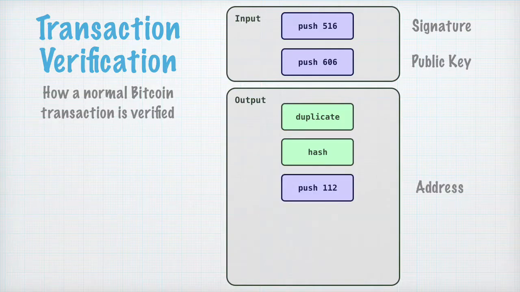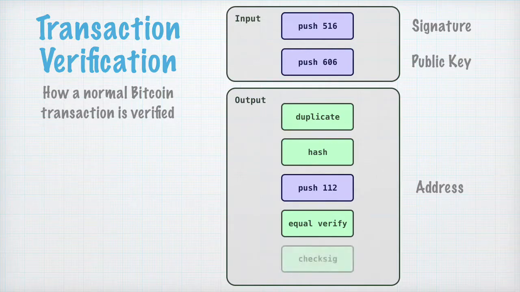And 112 is what we're going to use in this example to represent Alice's Bitcoin address. Equal verify is similar to equal, except we're not pushing a Boolean value on top of the stack, but this is used to verify and decide whether we're going to continue running the scripts. And finally, we have check sig, or check signature, which is the final instruction that has to go through. I'm going to talk more in detail later about how that works.